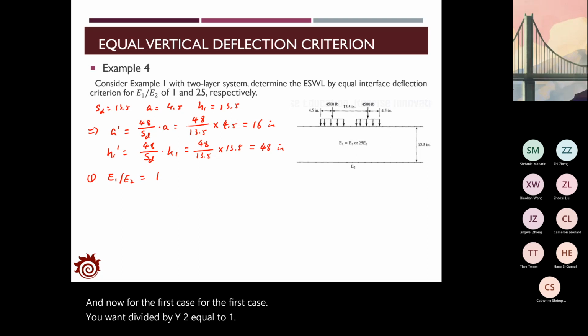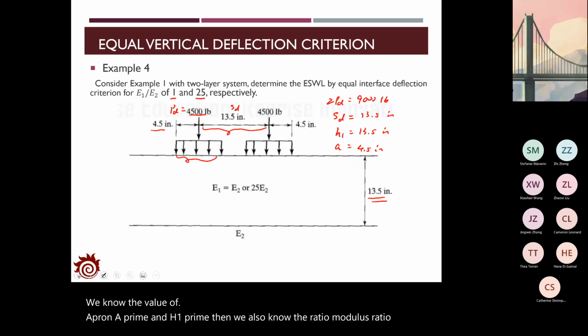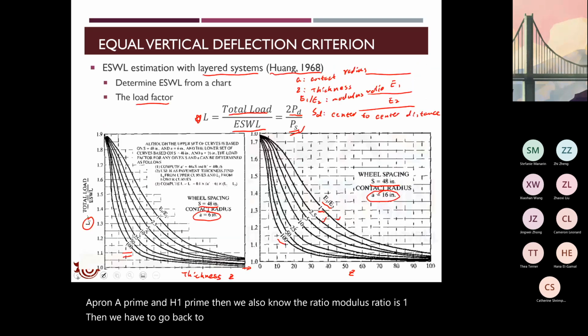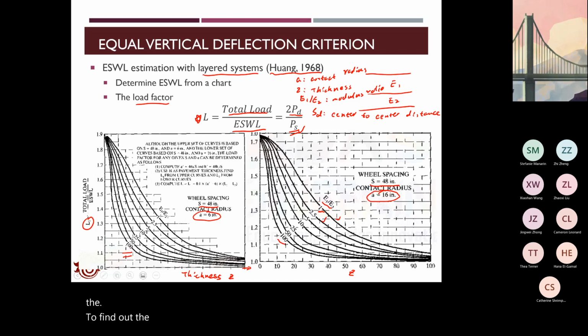We know the value of A prime and H1 prime. Then we also know the modulus ratio is 1. Then we have to go back to this figure to find out the value of the loading factor.